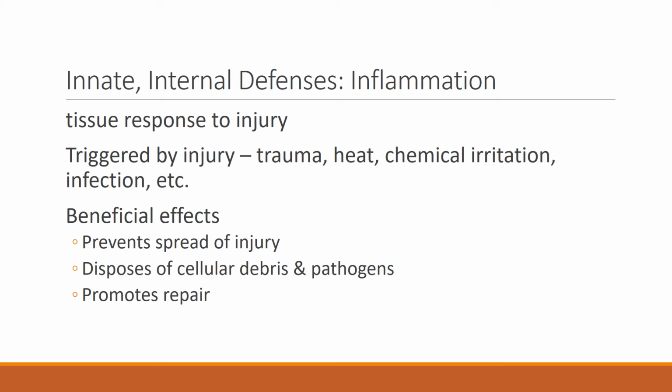The benefits of an inflammatory response are that it helps prevent the spread of injury, helps dispose of cellular debris and pathogens, and mostly phagocytes act as the key players. Again, those were the neutrophils and macrophages. It also helps promote tissue repair.